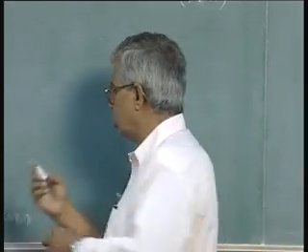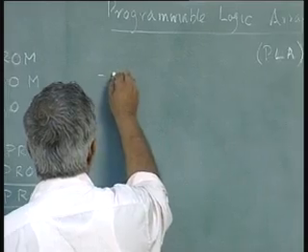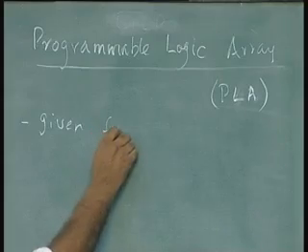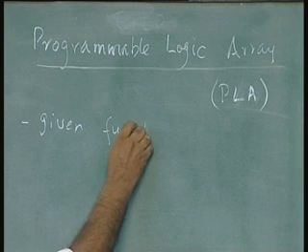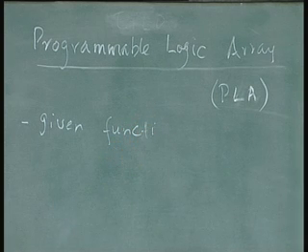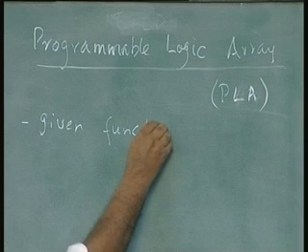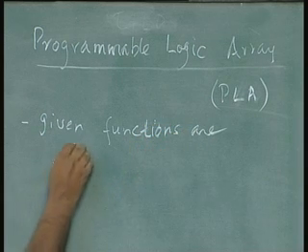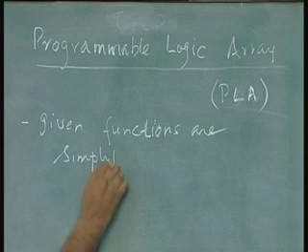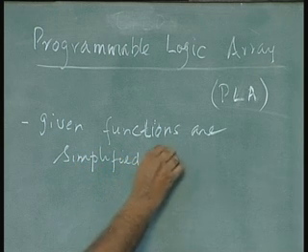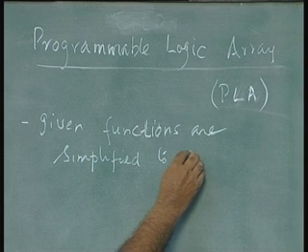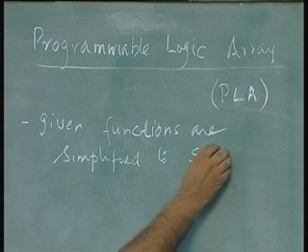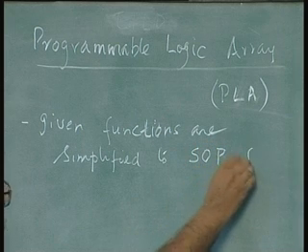So what I do is the given function, or given problem, or functions I should say, because I am going to do more than one function, are simplified to a certain extent to sum of product form.